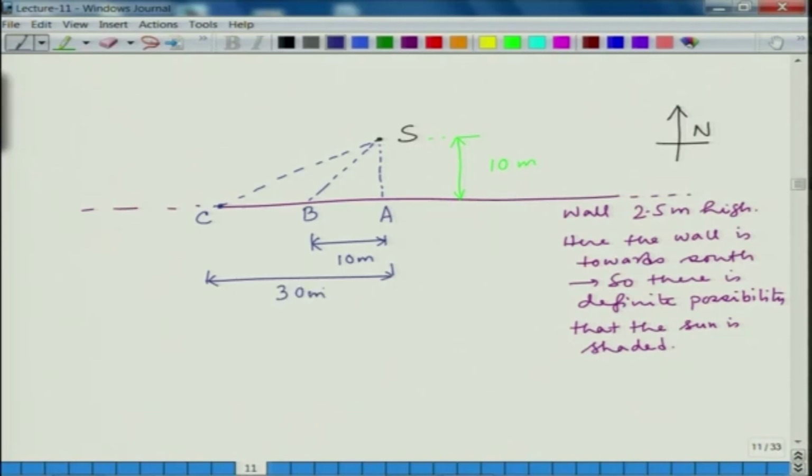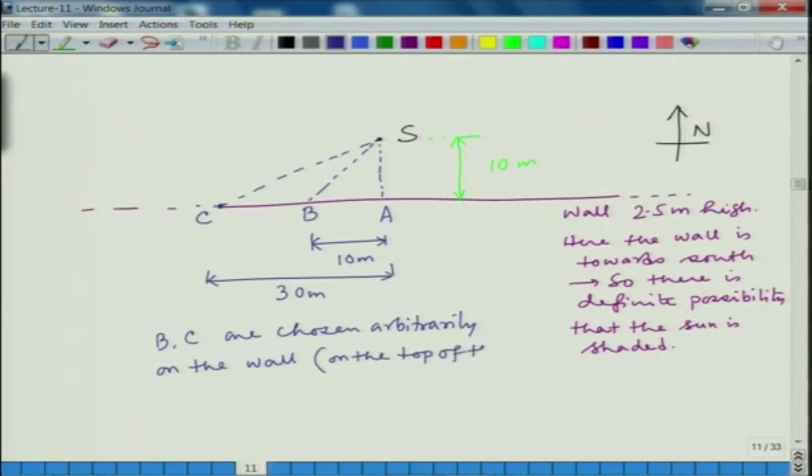These choices are arbitrary choices. B, C are chosen arbitrarily on the wall and importantly on the top of the wall. Okay. Because that is the critical point which can shade the sun.